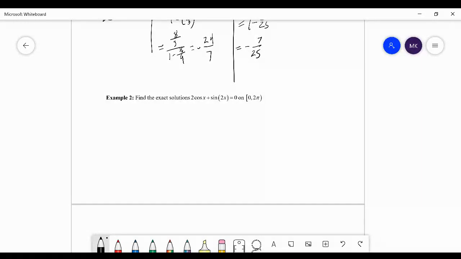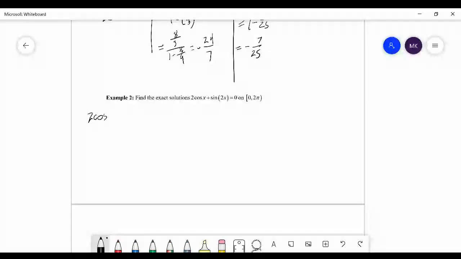The biggest issue here is that the cosine is by itself. Sorry, it's not by itself, but inside the angle is x, but with sine, we've got 2x. So we want to use these double angle identities to split this so that we get 2 cosine x plus 2 sine x cosine x.